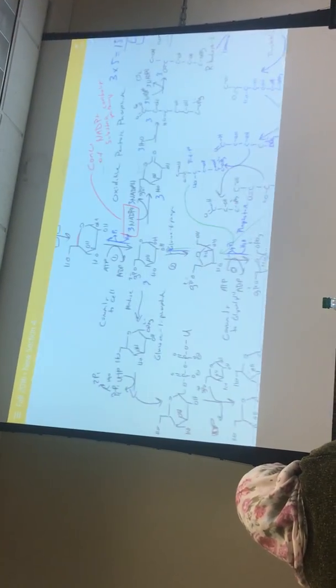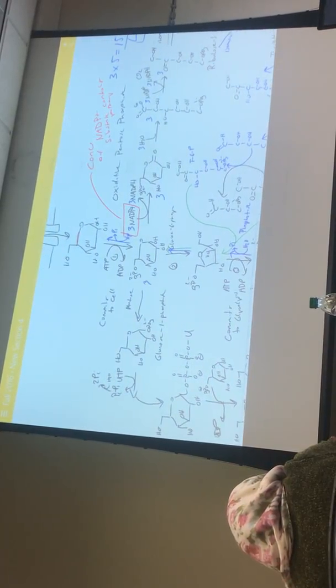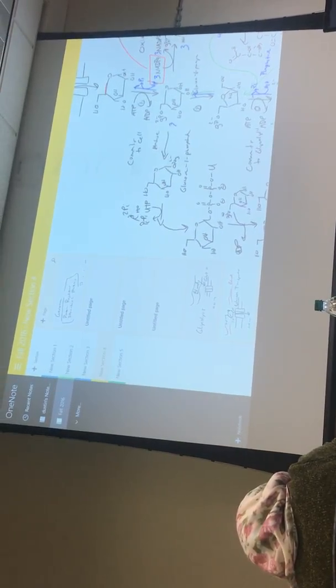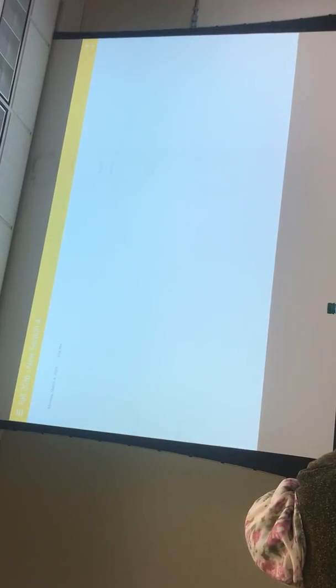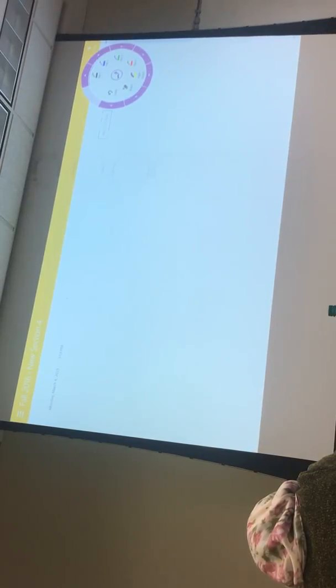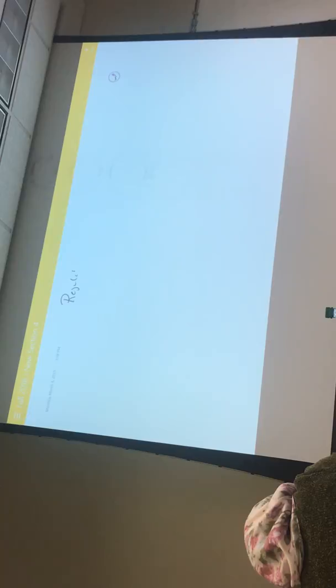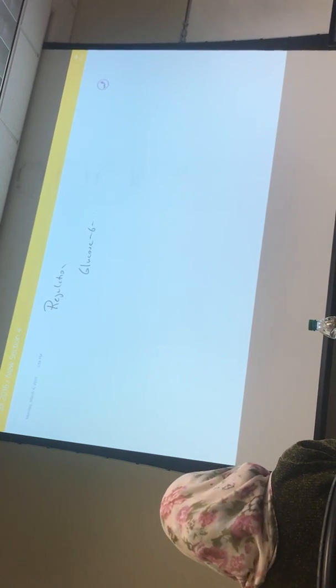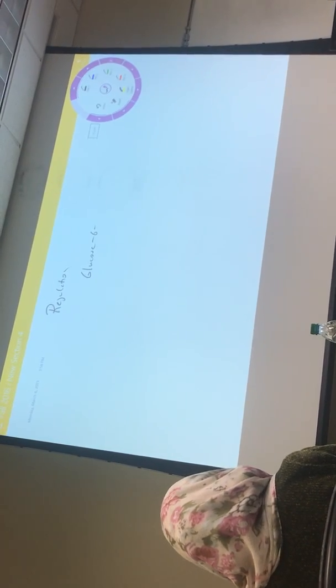So if we want to talk about this, let me get another slide for reciprocal regulation. So here's how we can think about regulation. Let's add another one. So let's talk about regulation of this. And let's just break it down. The regulation steps are glucose goes to glucose 6-phosphate.